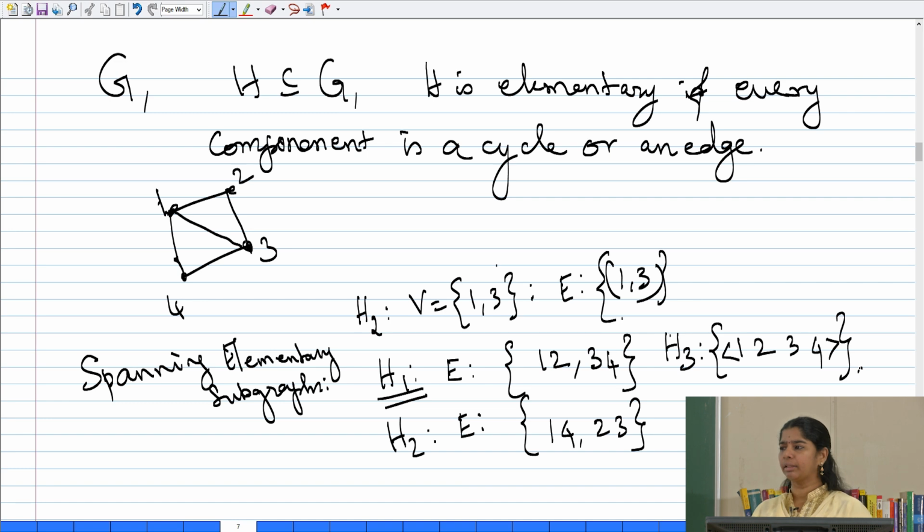So, in an elementary subgraph representation, we will now start counting the number of cycles that the subgraph has, that is the number of components which are cycles and number of components which are edges.